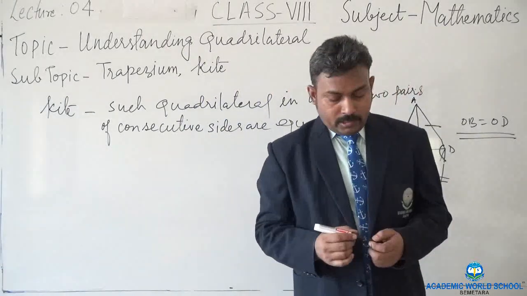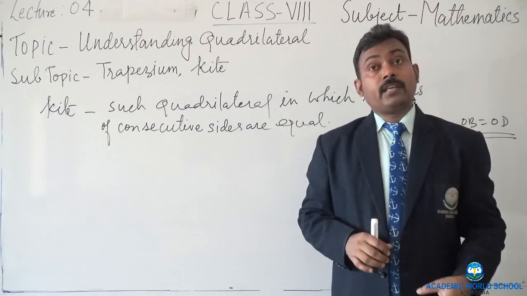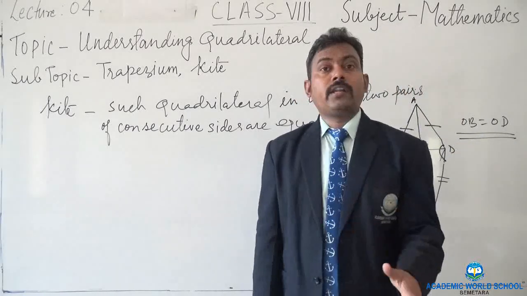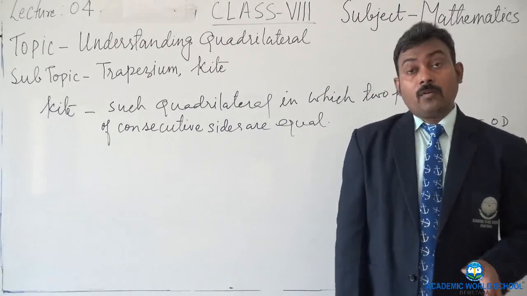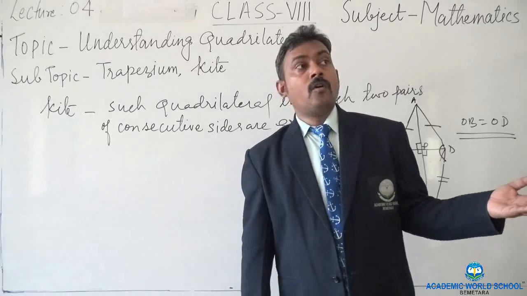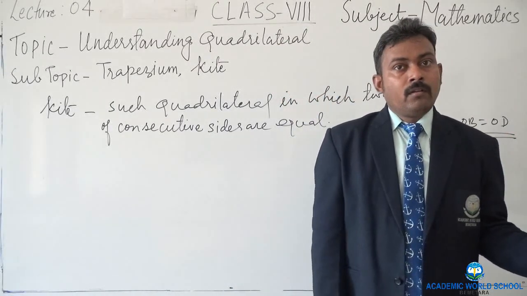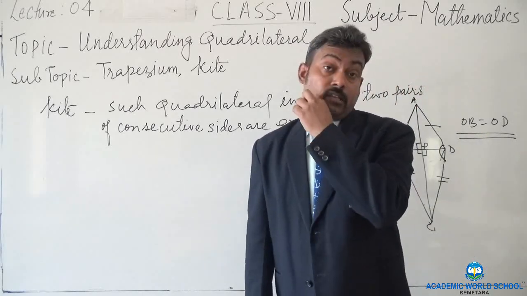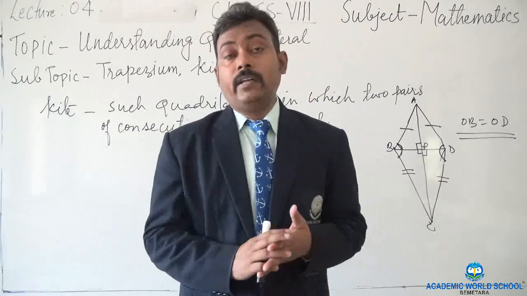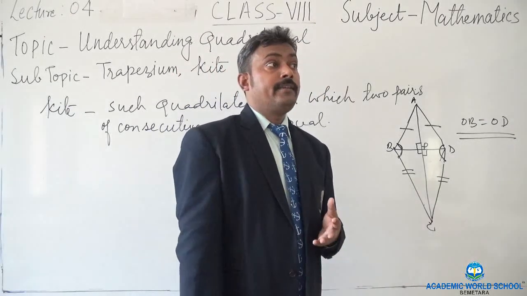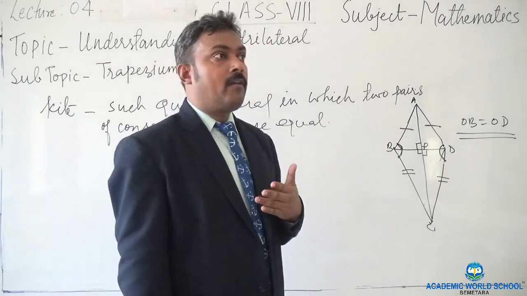Now there is a question here: can we say that all rectangles are parallelogram, all squares are parallelogram, all rhombus are parallelogram? Yes, because as we had discussed in the properties, they all are types of parallelogram.